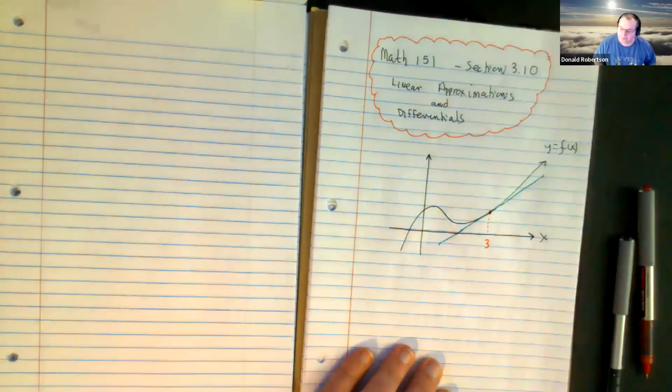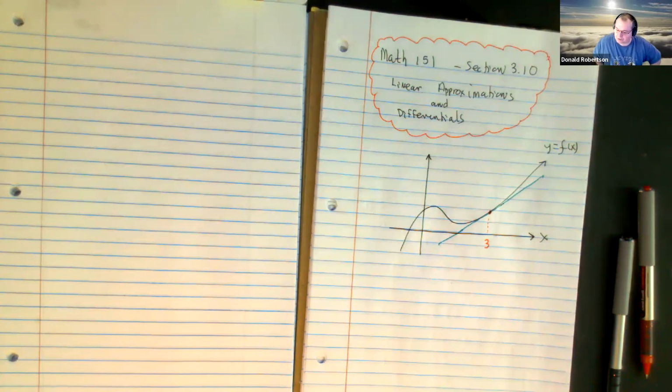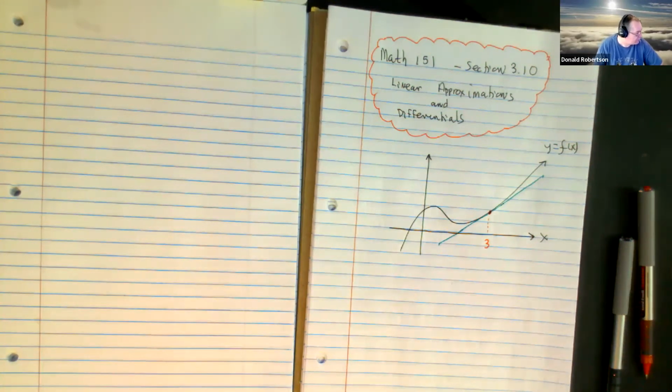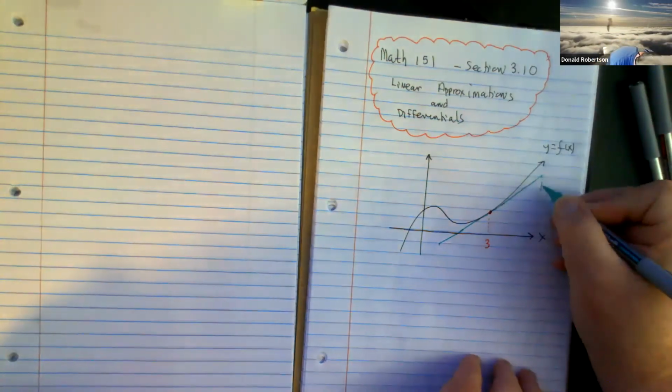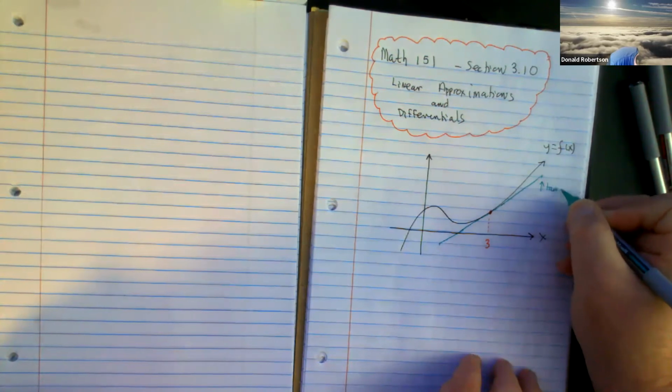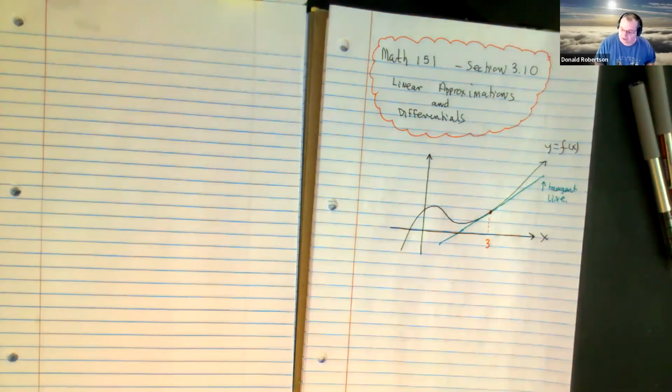The green one. So far, so good. This is called the tangent line, right? And you can find the equation of the tangent line, right?